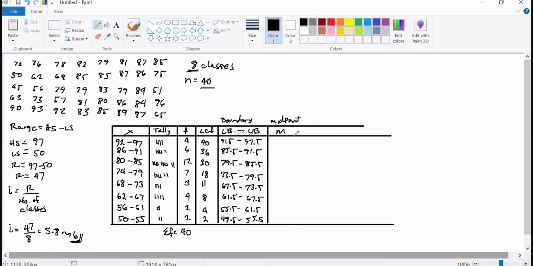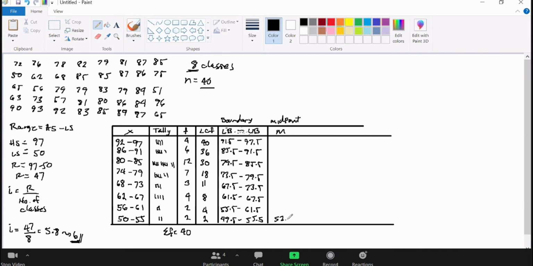What's the midpoint? It's just the average between these two values, or you can also take it from the X. What's the average? You can start here down below, easier. It is going to be 52.5. Yeah.